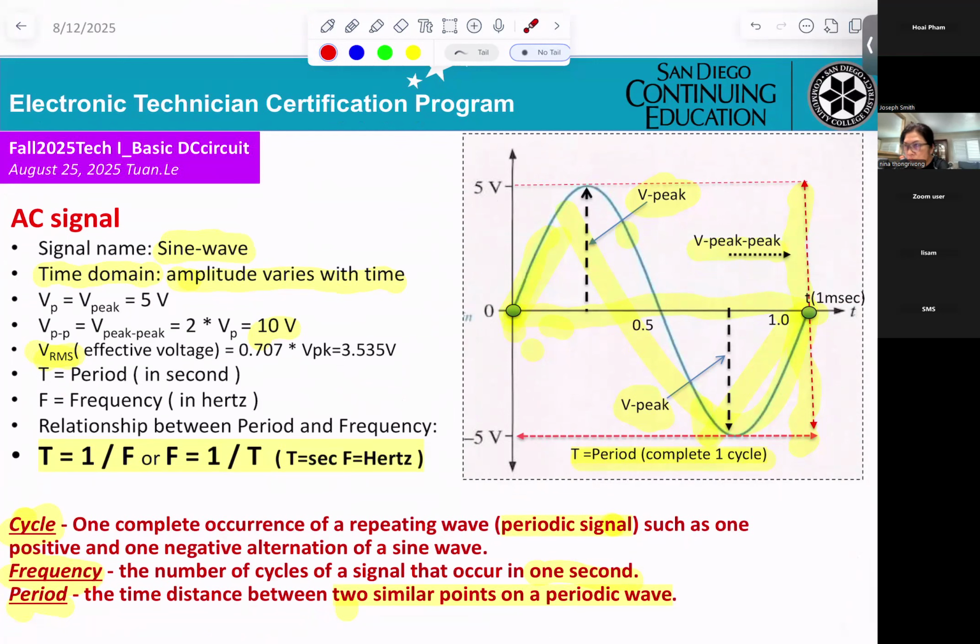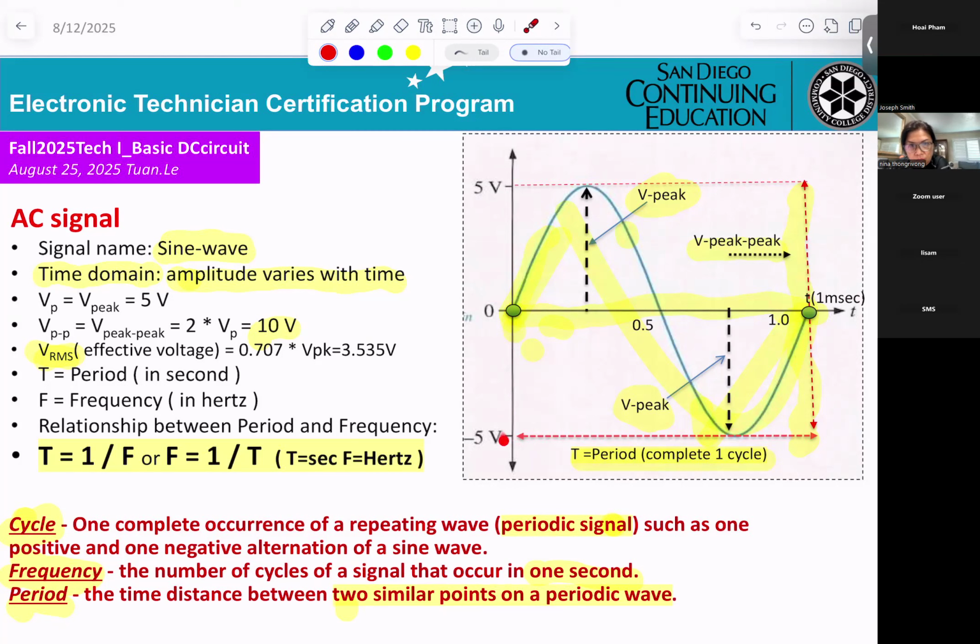DC had nothing to talk about. However, AC, you must follow, understand, and memorize. Okay, this is a display on the oscilloscope.